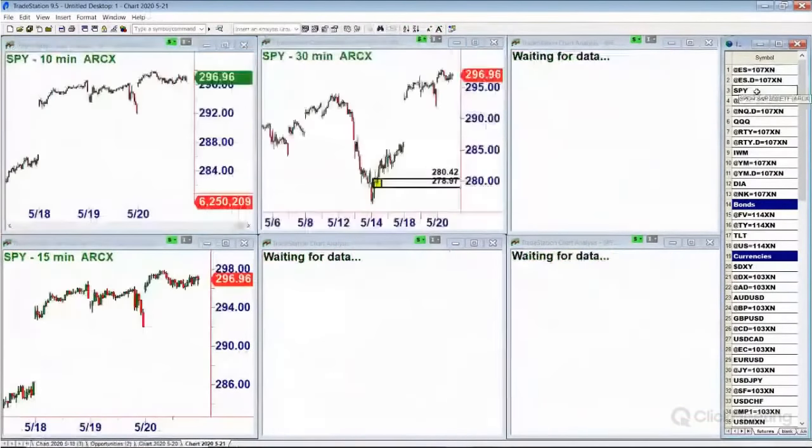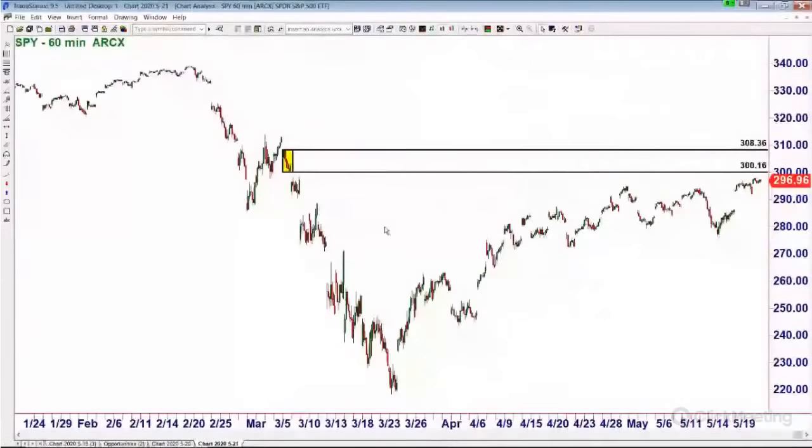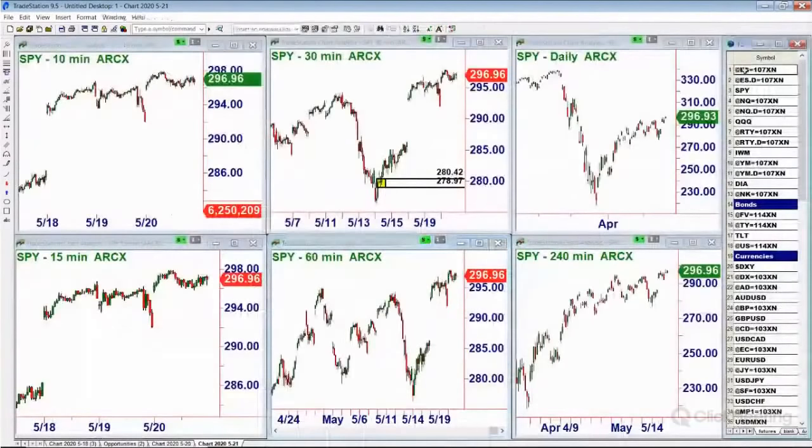Before I move to the Nasdaq, let's take a quick stop at the spiders. When we look at the spiders, we're going to focus again on, I believe, the 60-minute chart for supply. So let me just be clear. Let me go back to the S&P for a moment.